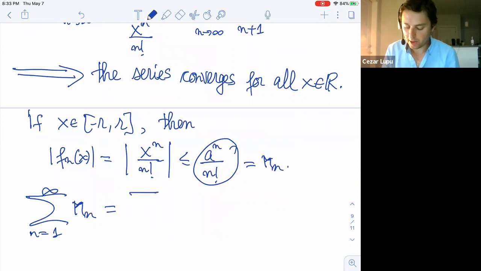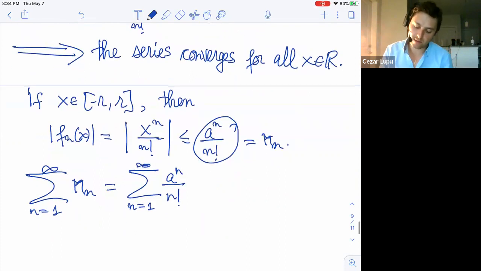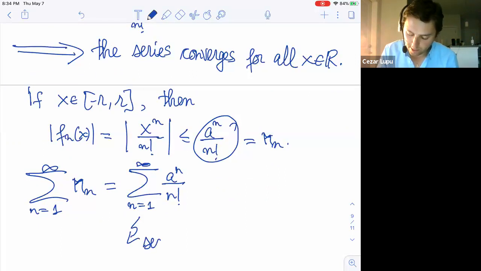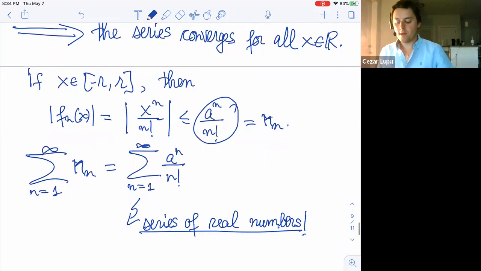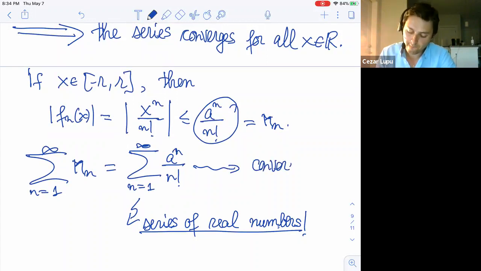The series of M_n is nothing else than the sum from n equals 1 to infinity of a to the power n over n factorial. This is a series of real numbers, and I will leave it to you. It's quite easy to see that this is convergent; I'll leave it to you to explain why.